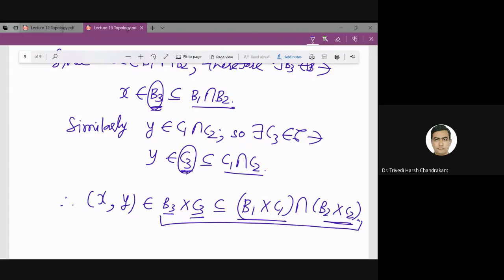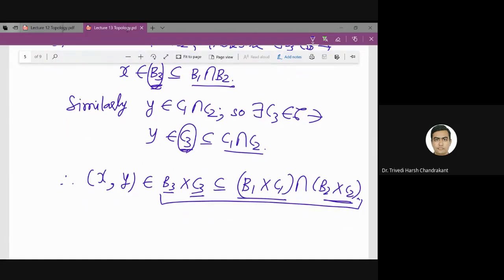Just try to prove this, it is a simple exercise. You can also prove this using a Venn diagram, because the properties of set theory can be proved easily using Venn diagrams.